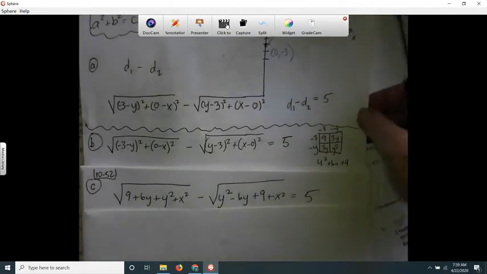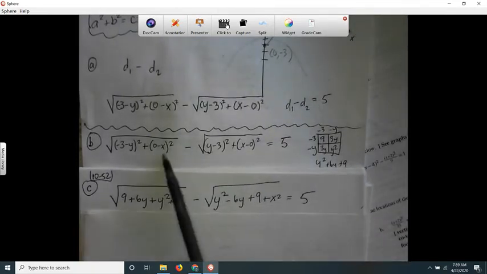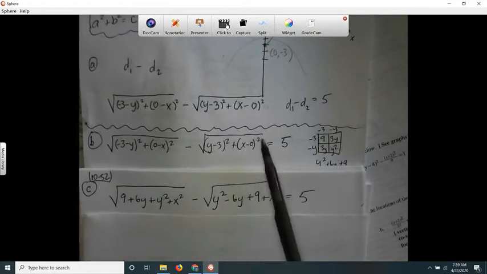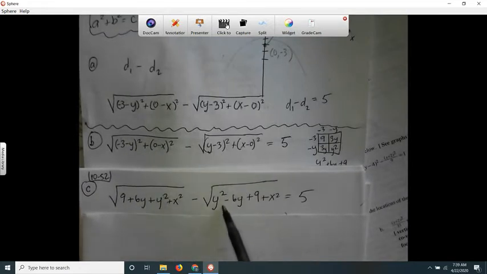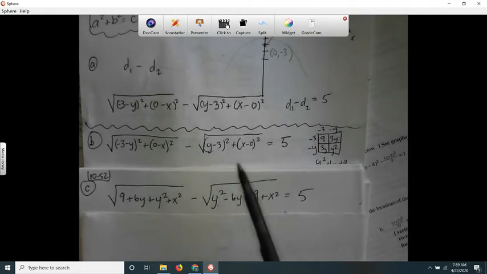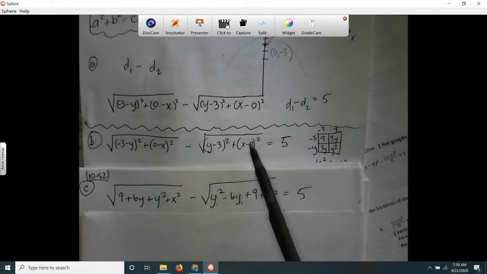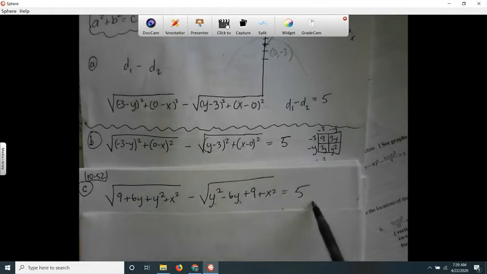So all I did is square out these little binomials. And x minus 0 is just x, so that's x squared. And so there we are, our first step.